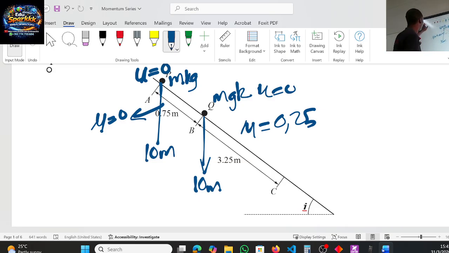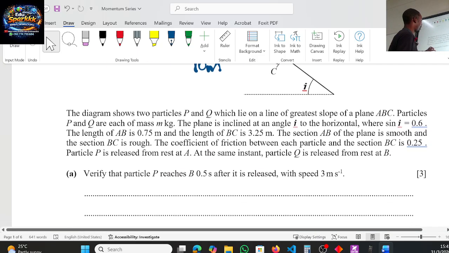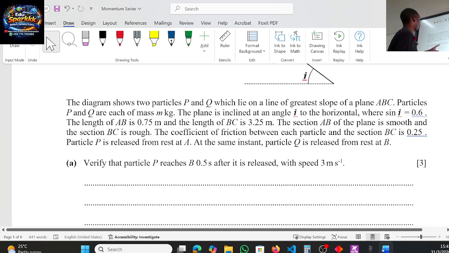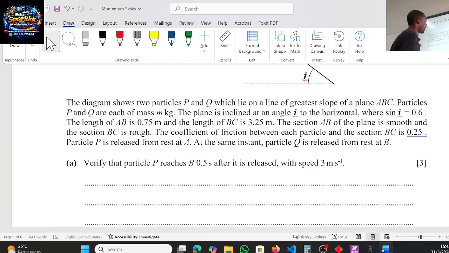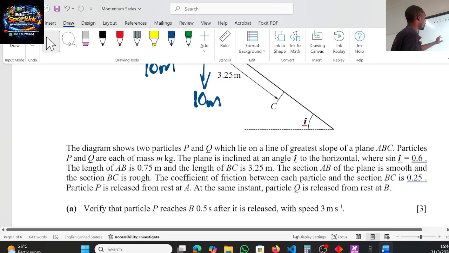Then let's check what we are required to find. We are asked to verify that P reaches B 0.5 seconds after the time at which it's released, with speed 3 meters per second.